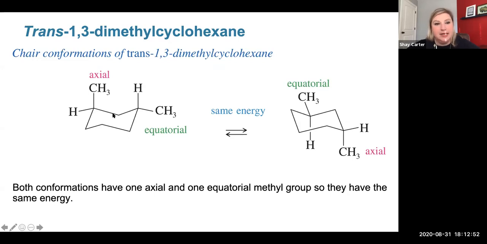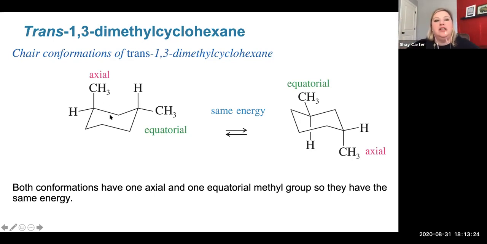Here, this is that example. So this is trans 1,3-dimethyl cyclohexane. They're still at 1 and 3. So we're here and here. So one is axial and one is equatorial.